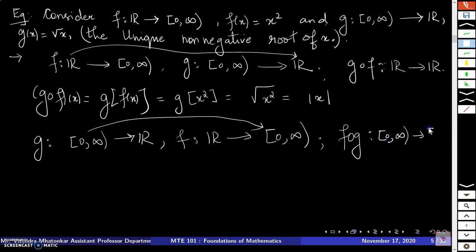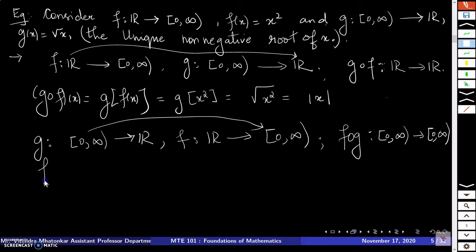So I can see that the domain and codomain of g composite f and f composite g are different. The domain of g composite f is R, whereas the domain of f composite g is [0, infinity). So from here itself I can conclude that g composite f and f composite g are not equal, right? Because we say that two functions are equal only if their domains are the same, their codomains are the same, and they agree at each and every point in their domains.